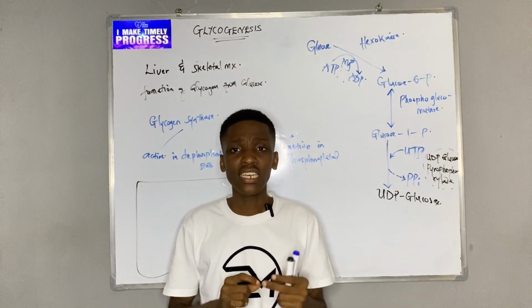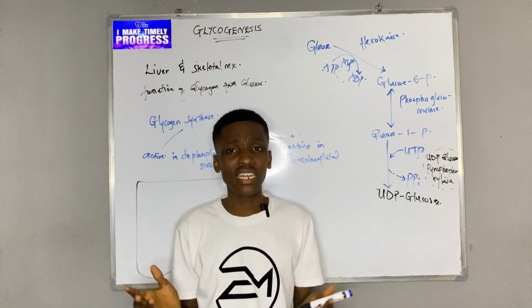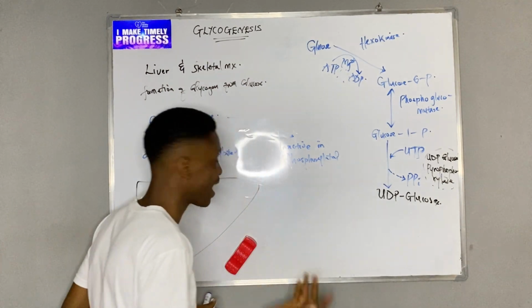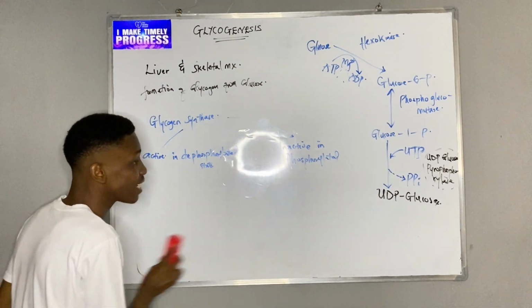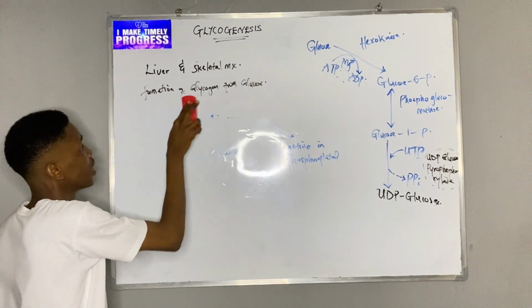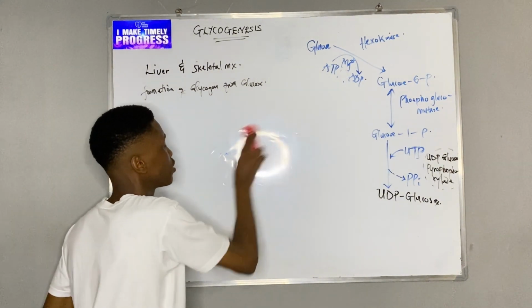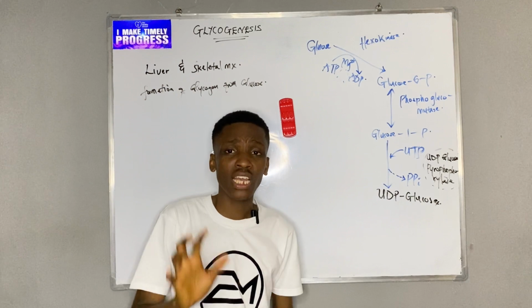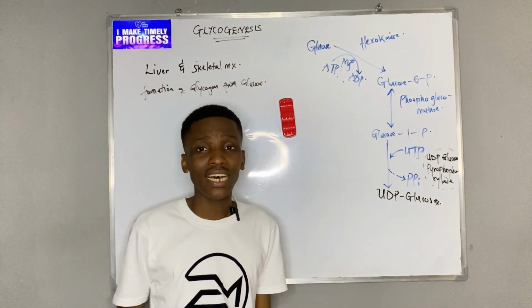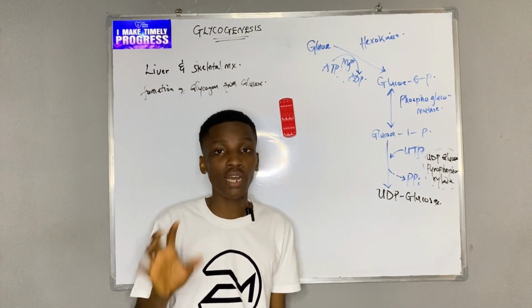Now I'll take a bit of a pause to just mention a little bit about glycogen that is going to help our knowledge of what we are doing today. Now, from basic biochemistry, we are taught that glycogen is a polymer of glucose.